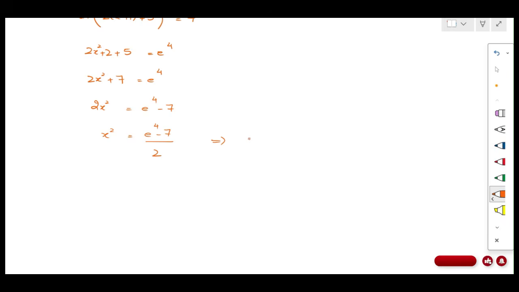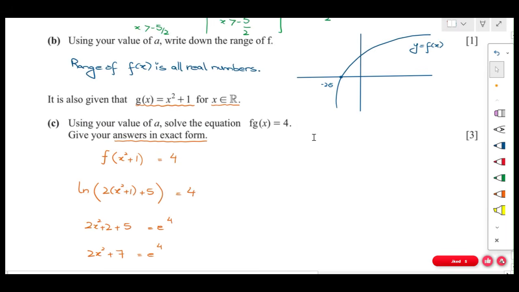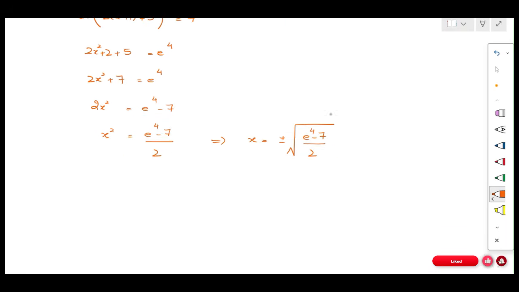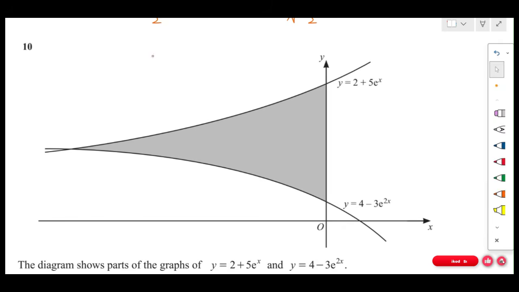So x equals plus or minus the square root of e to the power 4 minus 7 divided by 2. These are the two exact solutions, not decimal form, because when we take the square root on both sides, it's plus or minus.